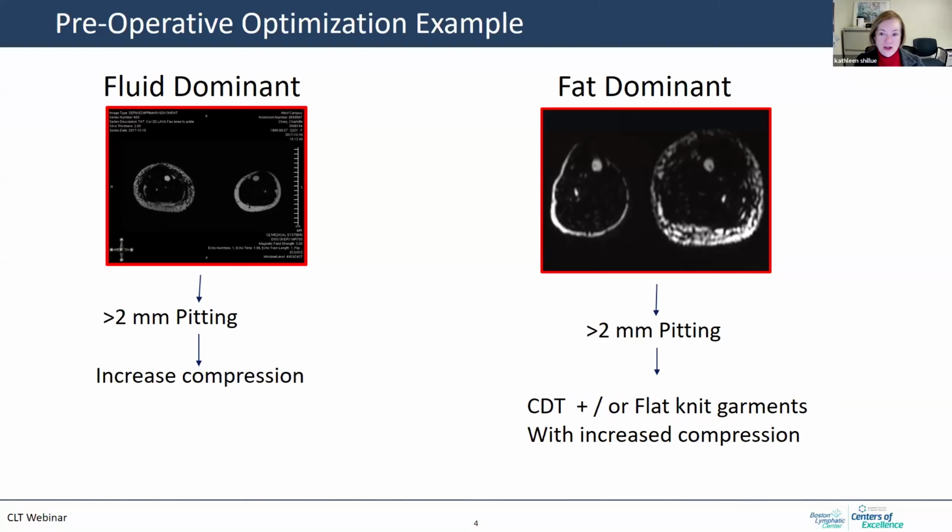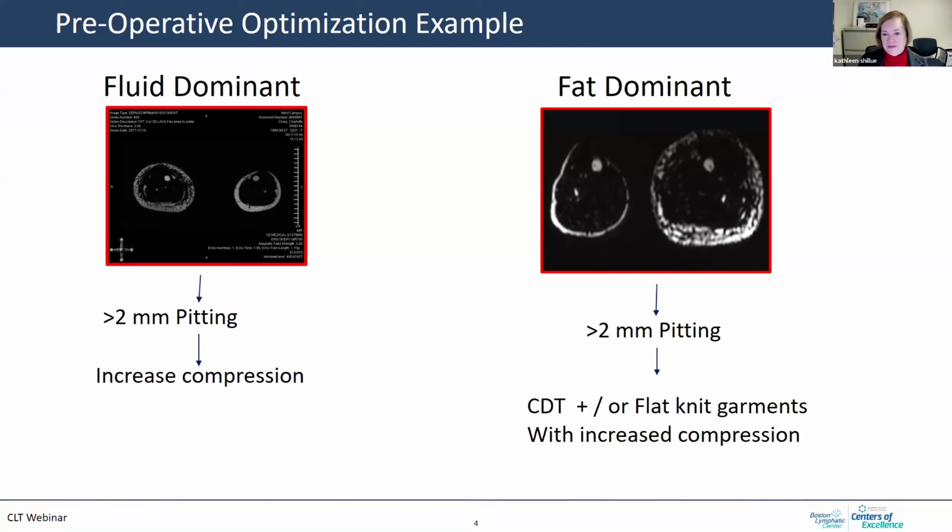So it might be changing the type of garment that they're wearing to address where the fluid is the worst. And if somebody has a significant amount of fluid on board, according to the MRI, we're going to be very aggressive in adapting the compression.